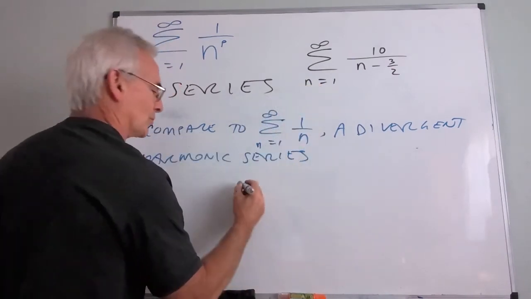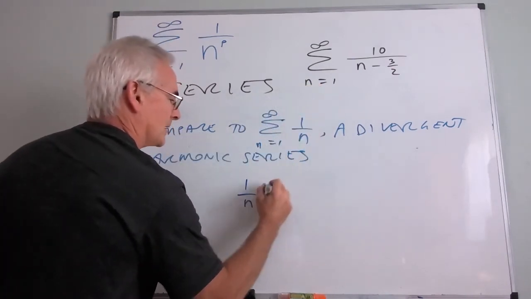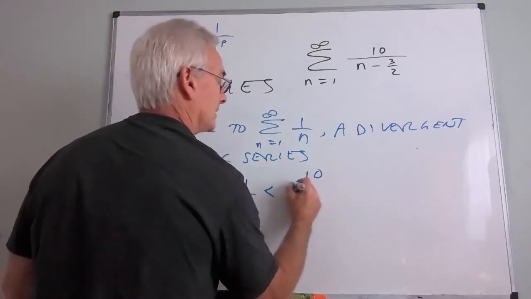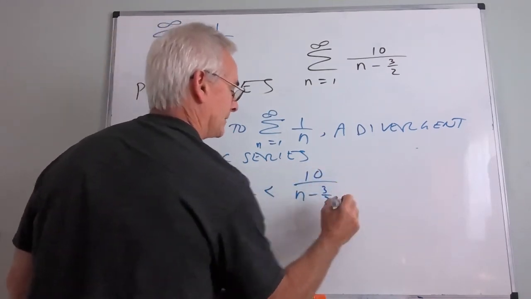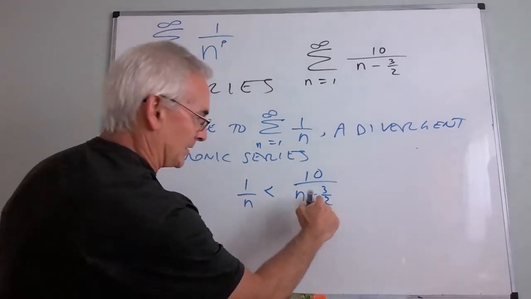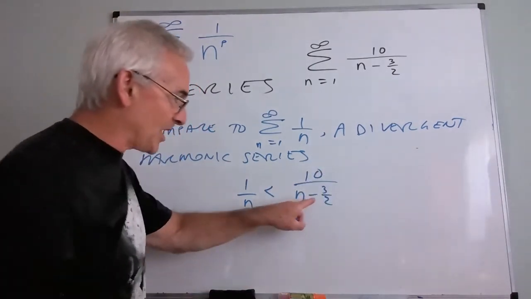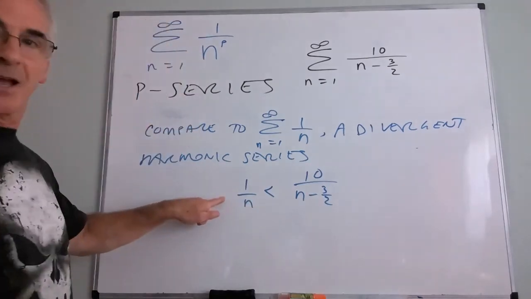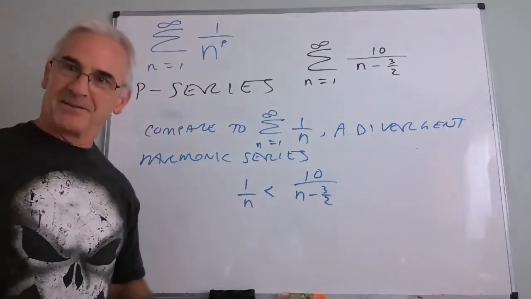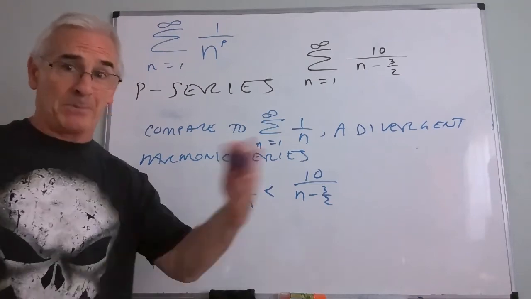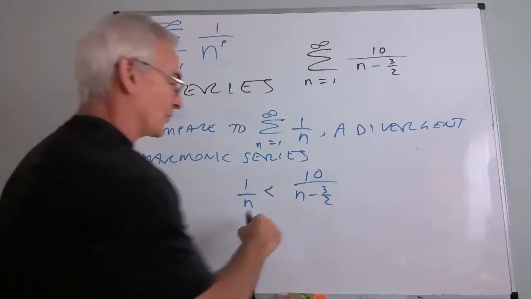Because isn't it true that 1/n is smaller than 10 over n minus 3/2? I made the denominator smaller and the numerator bigger at the same time. So the guy on the right is always bigger than the guy on the left by at least 10 times. So this is true.